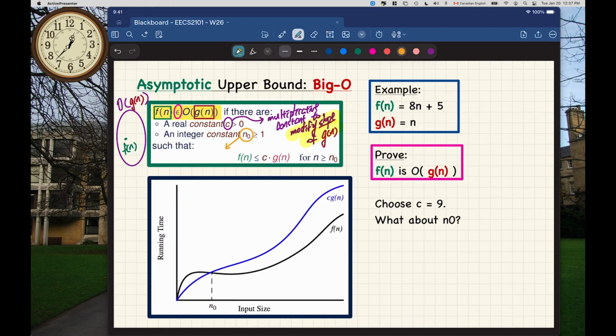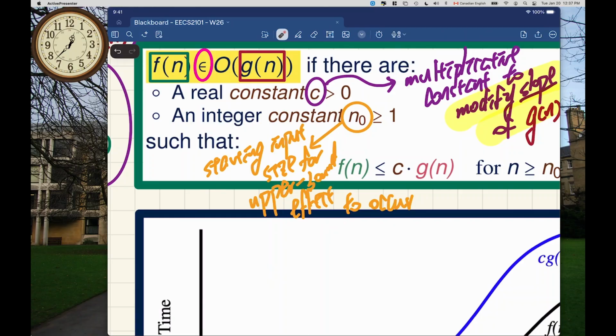So n0 will be the starting input size for the so-called upper bound effect to occur. I'll read it again just in case you're taking notes: n0 here is the so-called starting point size for the upper bound effects to occur.